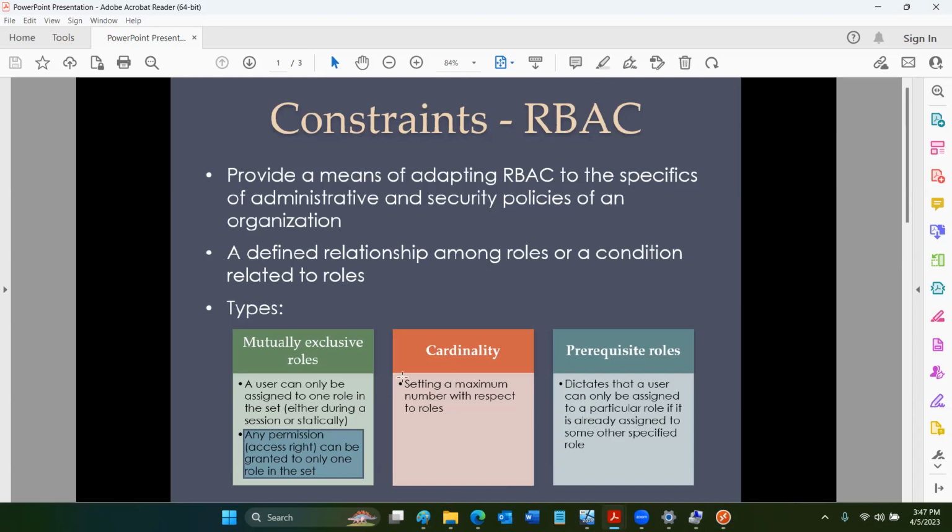Here's another one. Cardinality has to be a part of role-based access control. And by cardinality, we mean you have to say that individuals can only participate in a maximum number of roles.